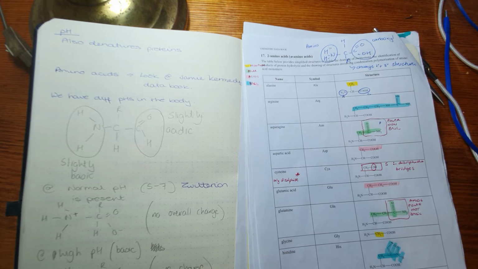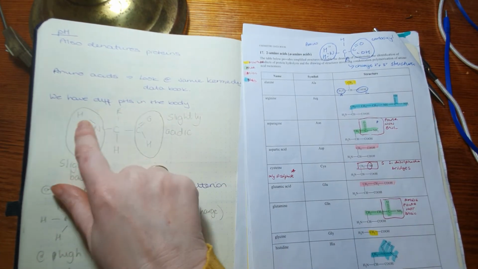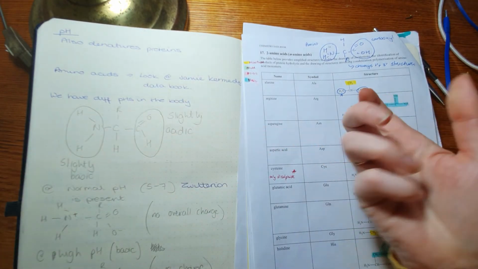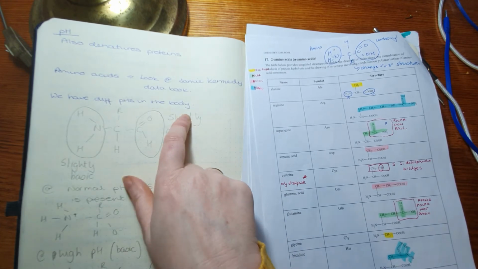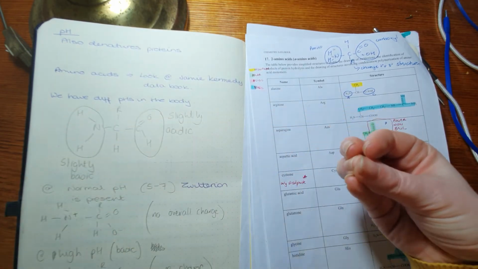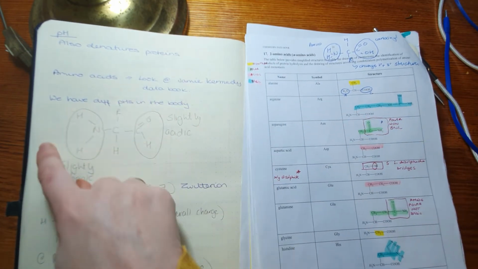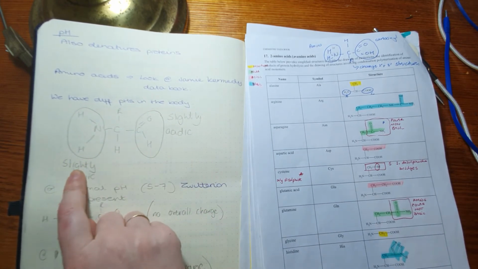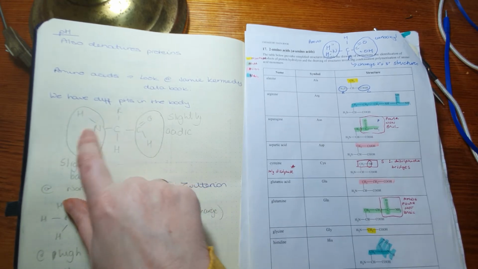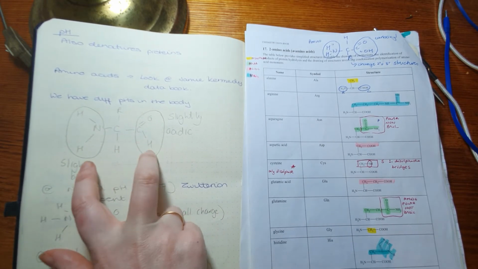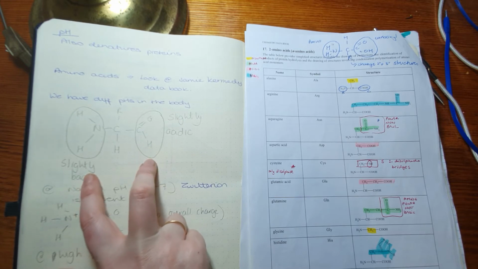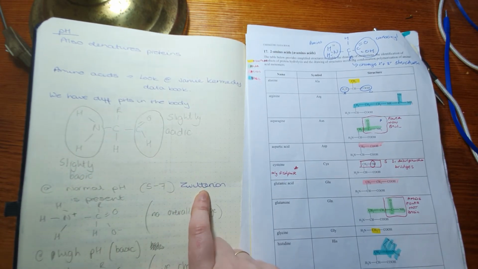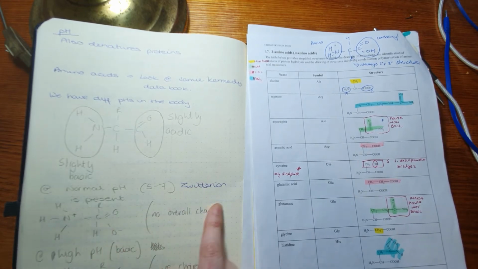So we have the general structure of our amino acid here. And remember, amino acids are what are all building together to make our proteins. So we're just going to think of it as an individual amino acid to simplify. We have a slightly basic end and a slightly acidic end, and in normal conditions, these two are going to balance out to form a zwitterion.